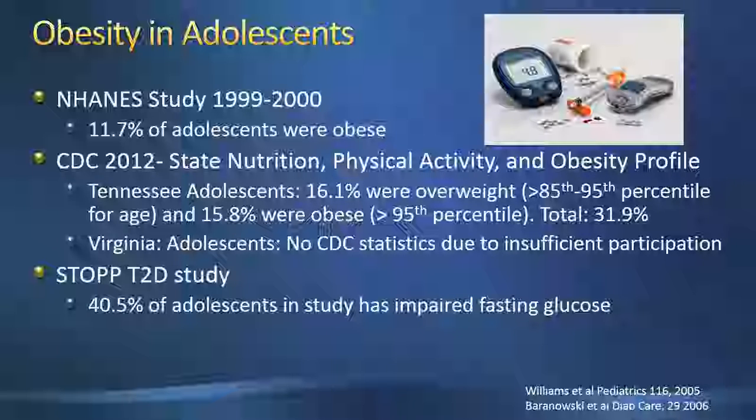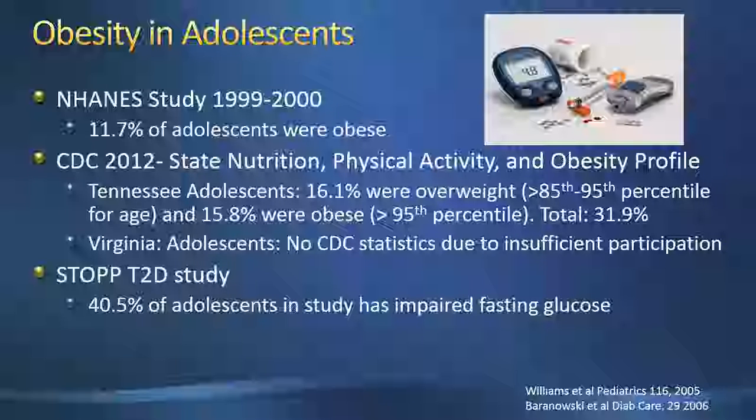So how many of these patients are we talking about? In the Haynes study, they found that just a little under 12% of adolescents were obese. Tennessee, in a 2012 study, fared worse than that. And last I looked, we're 5th in the country for obesity.